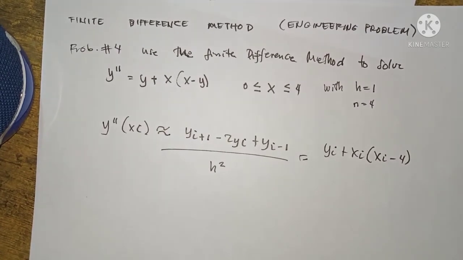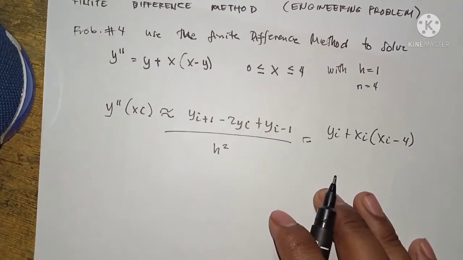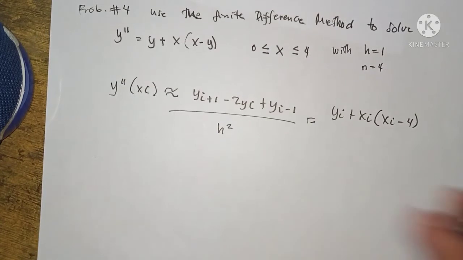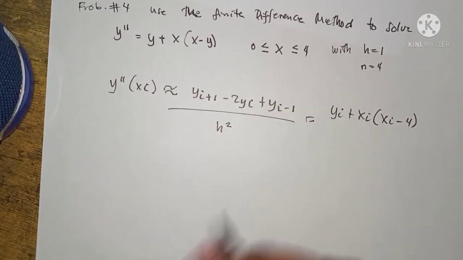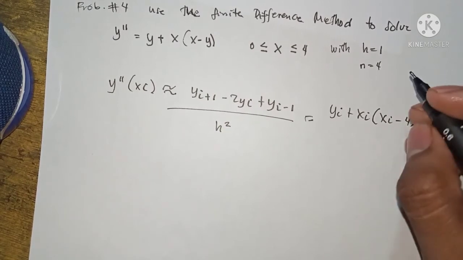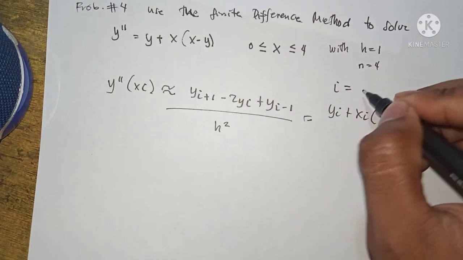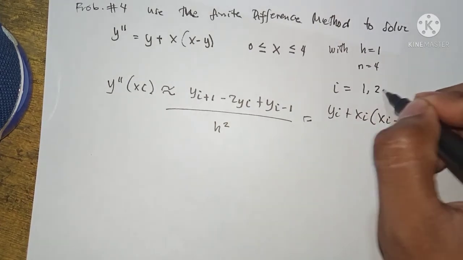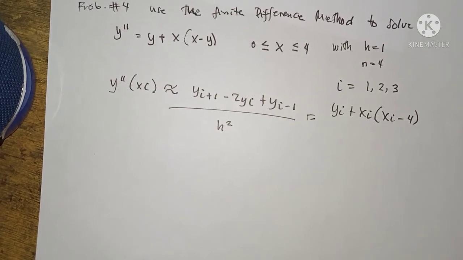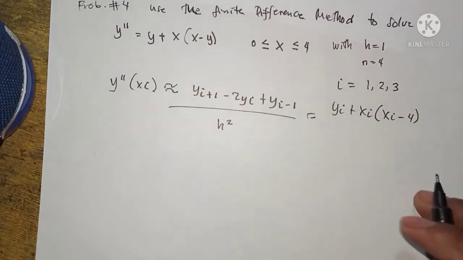To solve this, using this equation, our i is 1, 2, 3, up to 3.